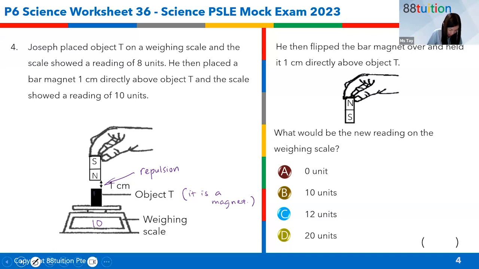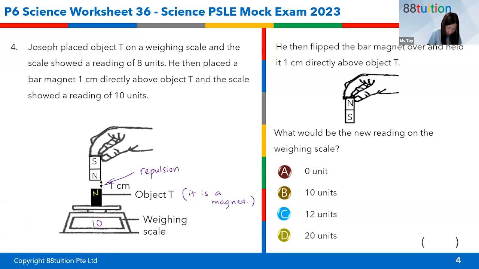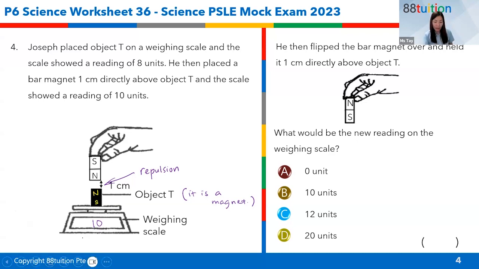So this is north and this is south, right? So right now, we are supposed to look at this next part. He flipped the bar magnet over and held it 1 cm above object T. So imagine I have my object T, and then this is the north pole.